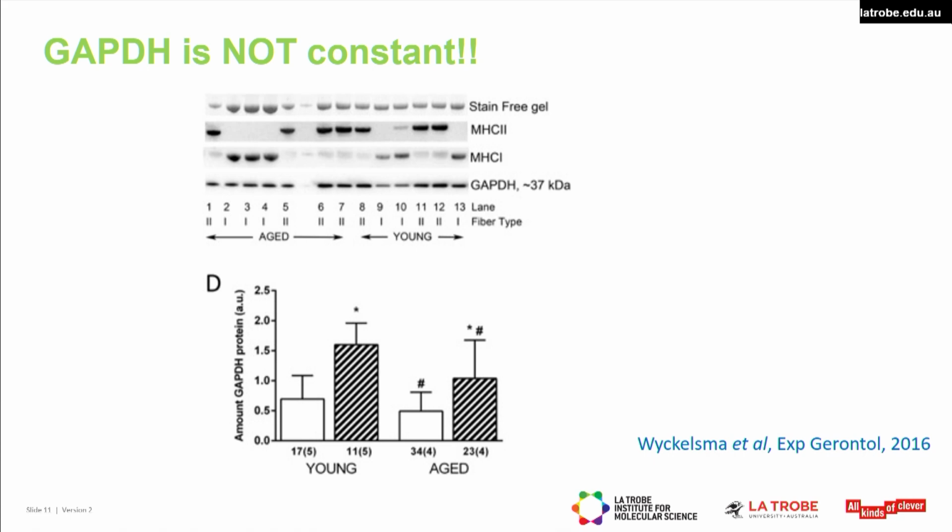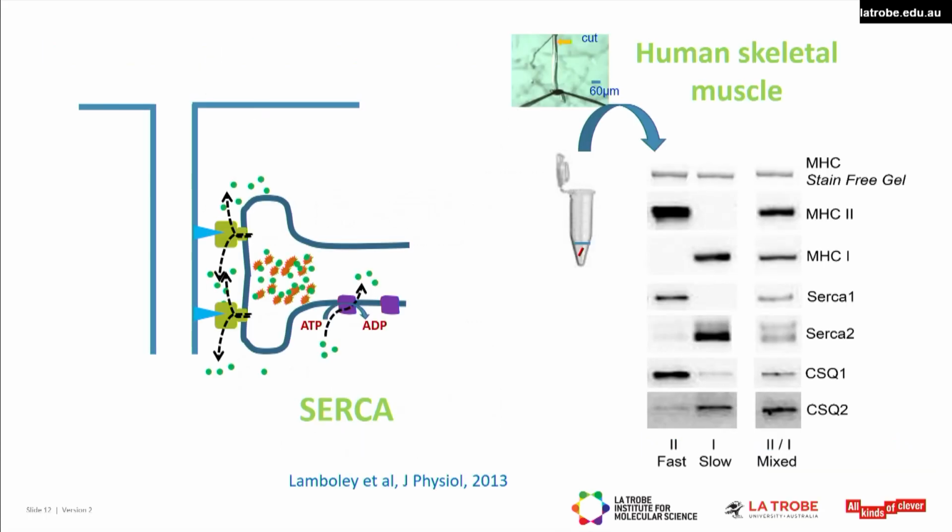And also the amount of GAPDH in an old muscle from an older person is decreased in type 1 and in type 2 muscle fibres. So that as a loading control is really not a great one. And we will use the myosin heavy chain, as you see across here, when we're doing them.